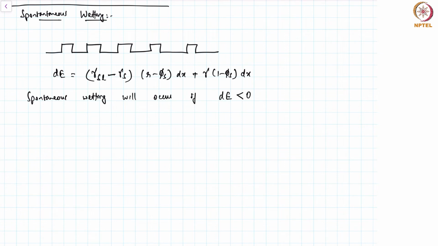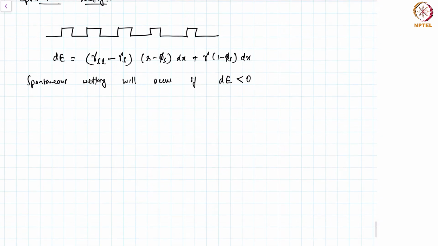When dE is less than 0, the system is continuously able to reduce the energy by spreading on the surface. And now what we have is the Young's angle, cosine of theta y, which is gamma S minus gamma SL by gamma. This is coming from these two, the different surface energies.